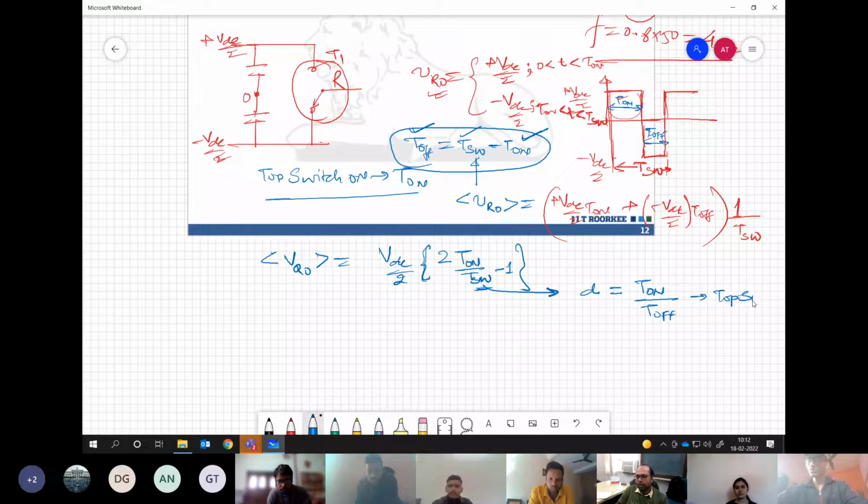So if this is the duty ratio for the top switch, what is the duty ratio for the bottom switch?